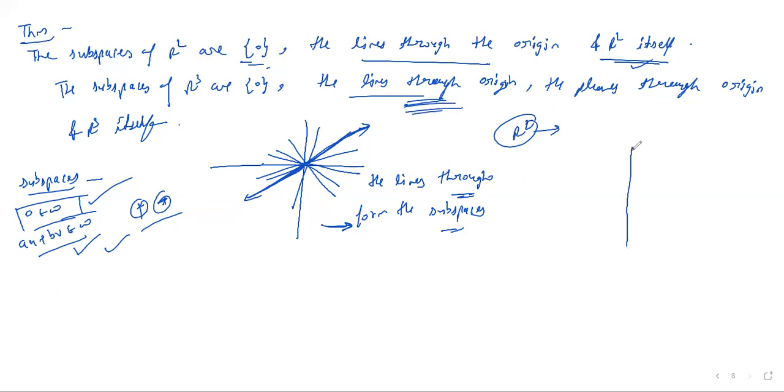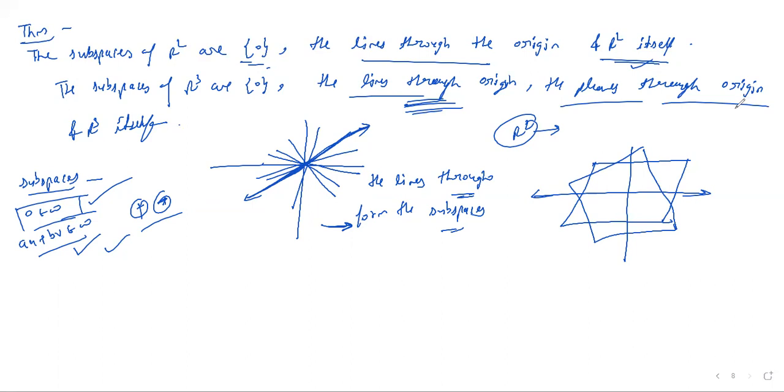And if I talk about the planes, they are depicted something like this. All the planes which pass through the origin do form subspaces.